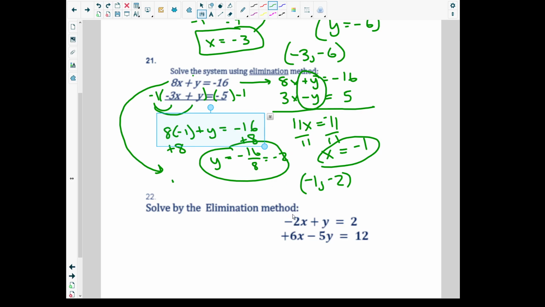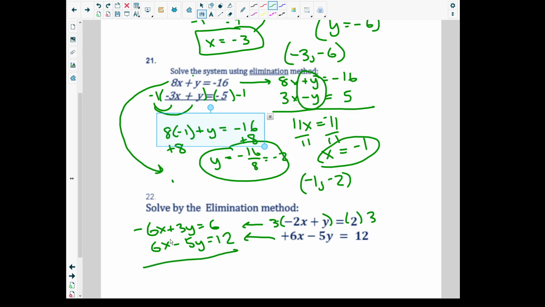Okay, solve by elimination. I have to multiply one of them, and it doesn't really matter which. I'm going to multiply the top one by 3. It's just the first thing I see. That first equation is going to change now to become negative 6x plus 3y. Got to distribute that. Equals 6. And I'm just going to bring the second equation over, and you're going to see that it's already set to go for elimination, which is great.